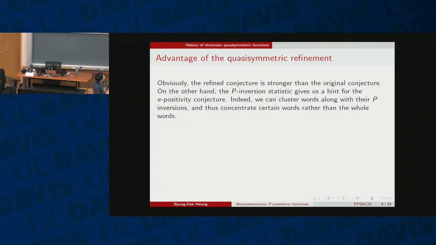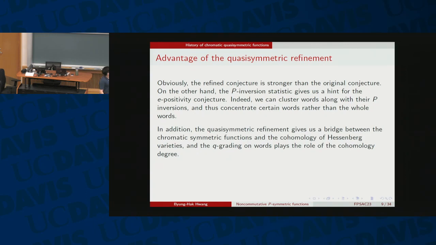However, the P-inversion statistic gives a clue for resolving the conjecture, which means that by using the q weight, we can group words based on their q weight and focus only on certain words rather than all of them.